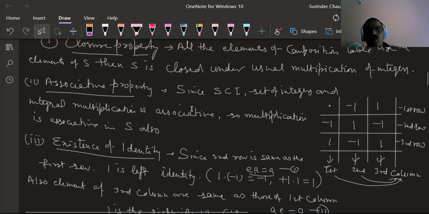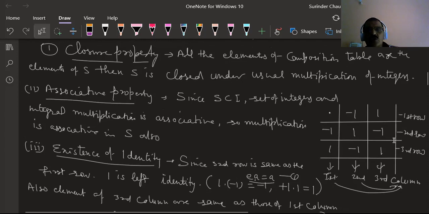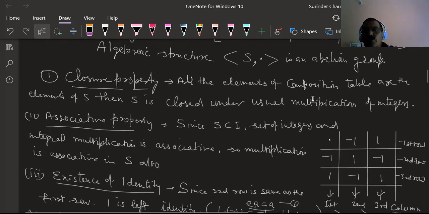For the discussion of all five axioms, we'll use this composition table. The first is closure. All the elements of the composition table, -1 and 1, are the elements of S. So S is closed under the usual multiplication of integers, which implies the closure property holds true. If all the elements of the composition table are the same as those of S, the given algebraic system, then the closure property holds true.